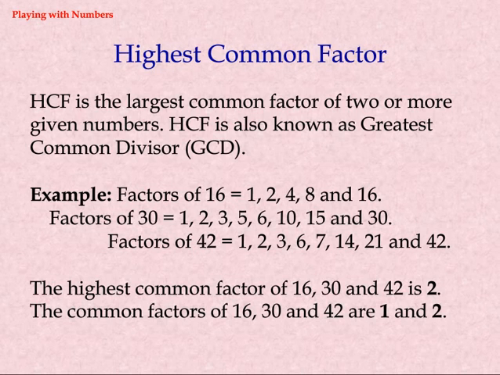Factors of 42 equal 1, 2, 3, 6, 7, 21 and 42. The highest common factor of 16, 30 and 42 is 2. The common factors of 16, 30 and 42 are 1 and 2.